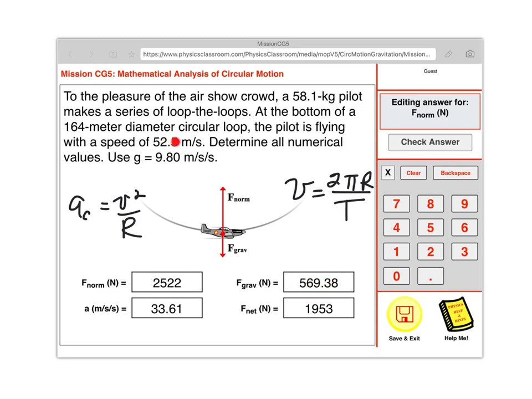And the velocity squared divided by 82 meters. That's the diameter, right? Gives us that for an acceleration. And the acceleration times the mass gives us the net force.